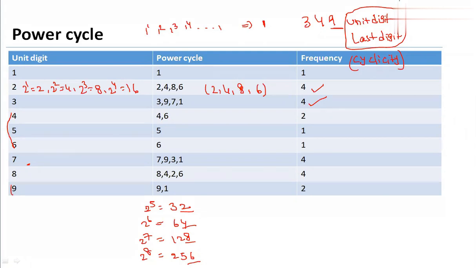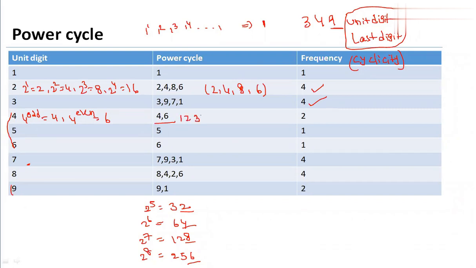So let's check it out for the remaining also. 4 power odd numbers can give you the unit digit as 4, and 4 power even numbers can give you the unit digit as 6. How can I say that? Please check it. 4 power 1, 4 power 2. Only 2 are there. After the two values, the cycle is going to get repeated.